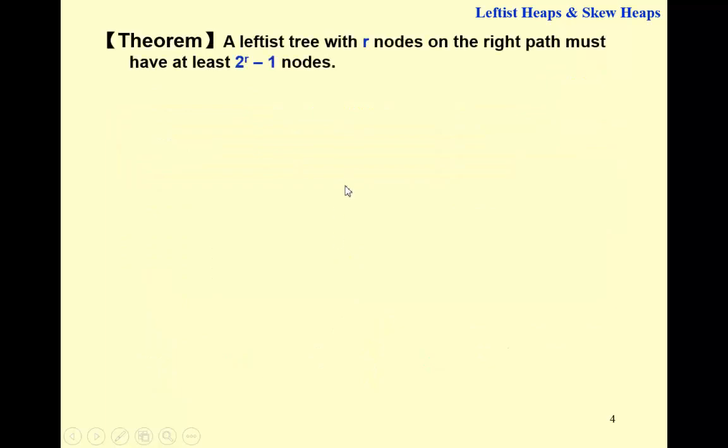Let's see how come. Here's the most important theorem. We say a leftist tree with R nodes on the right path must have at least 2 to the power R, then -1 nodes. And the proof is simple by induction.